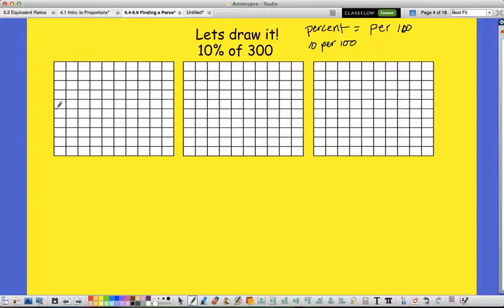So for every 100, 10 of them have blue feathers. So I'm going to use the highlighter tool to make this a little easier. In this group of 100, there's 10 that have blue feathers. In this group of 100, there's 10 with blue feathers. And in this group of 100, there's 10 with blue feathers.